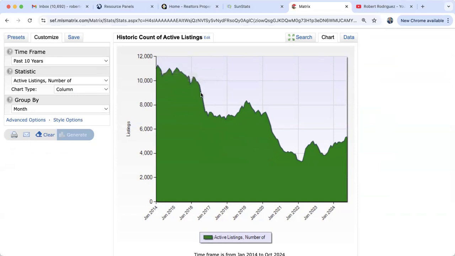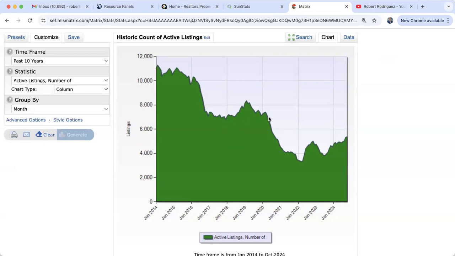Now you'll see that there was a dip here during the 2016, 17, and 18 years. Then we had a small climb, and then COVID hit. And what happened with COVID? The market exploded. Many people were buying homes, and many people were also selling their homes.